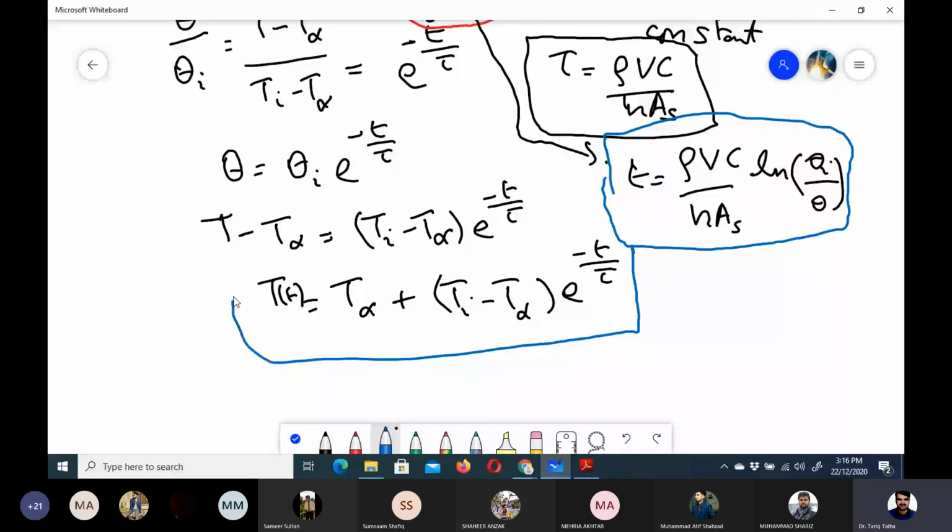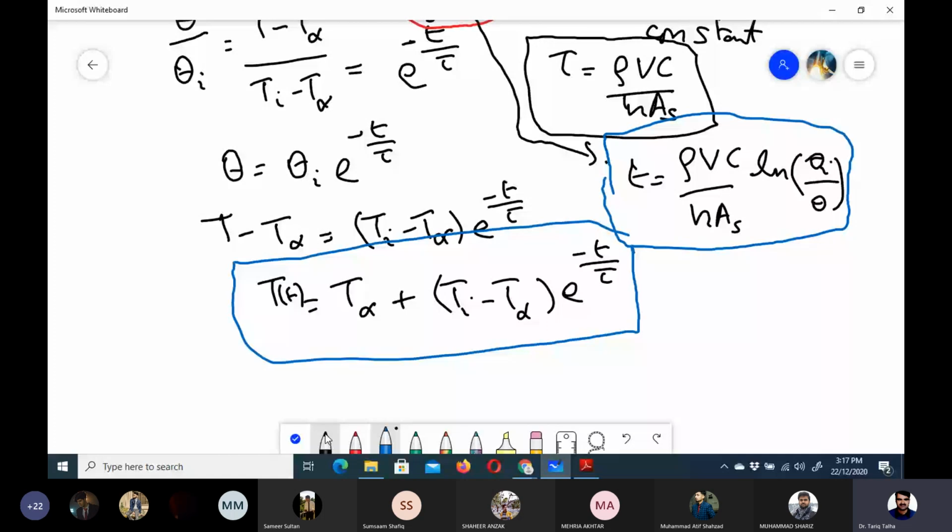This gives you the value of temperature after some time t, and this gives you the time required for an object to reach some specific temperature. These are the two formulas which we may need in the numericals.